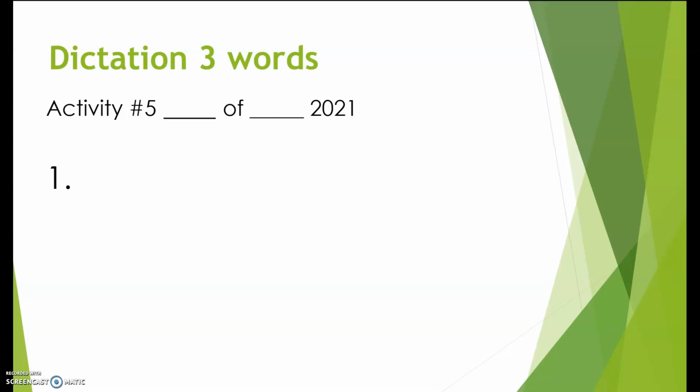Number 2, spell the word pollen. And number 3, spell the word nourish.